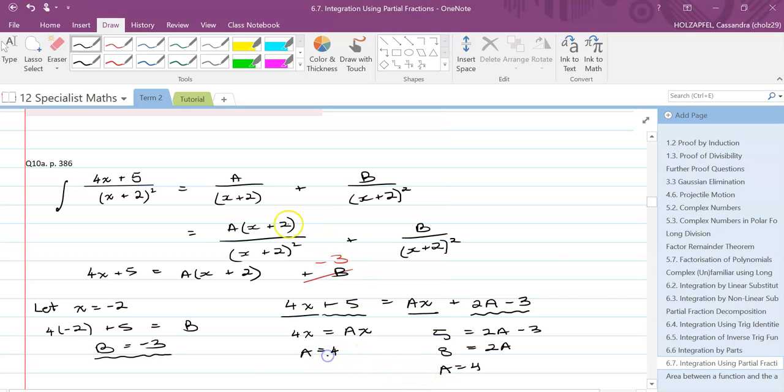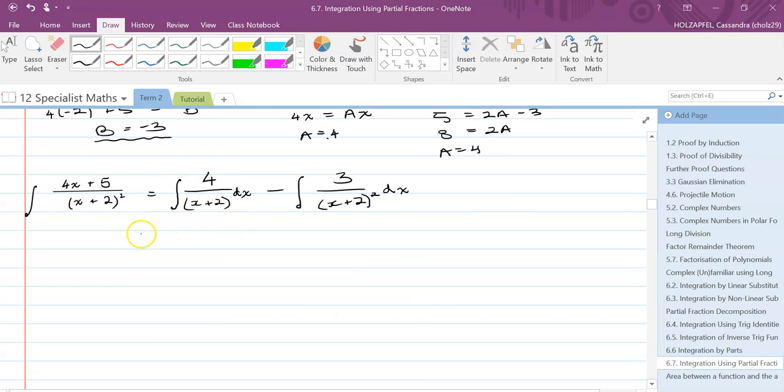So let's substitute these back into this expression here, and then let's go ahead and find the integral. Okie doke, so just substituted that in. Let's go ahead and find the integral. So the first one is going to be 4 ln x plus 2 minus, now this one here, we've got x plus 2 to the power of -2.